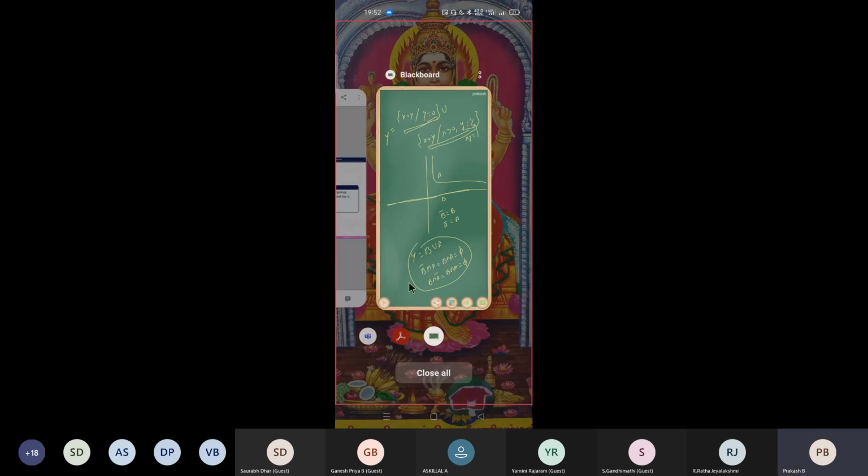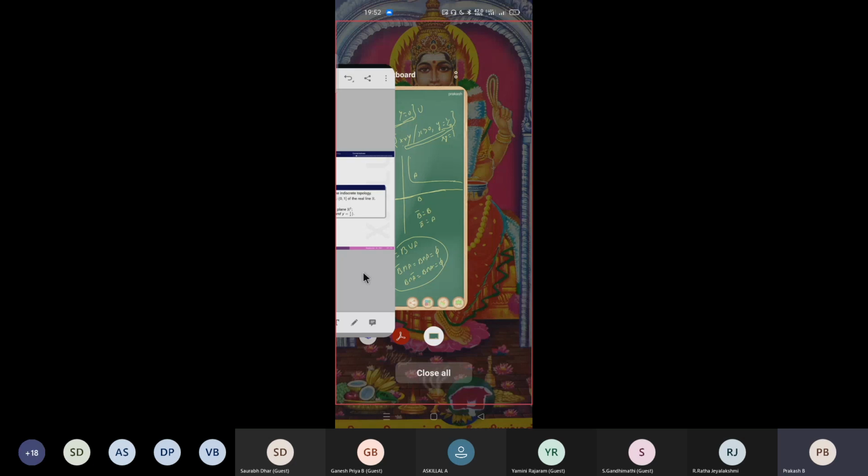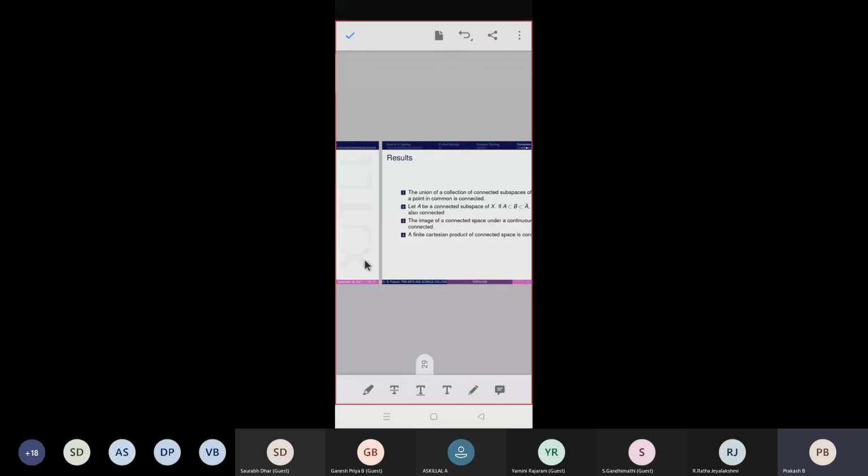Right. Now we are going to recall some results about the connected set. Using this one, we are going to solve the GATE question, right? So the union of collection of connected subspaces of X that have a point in common is connected.